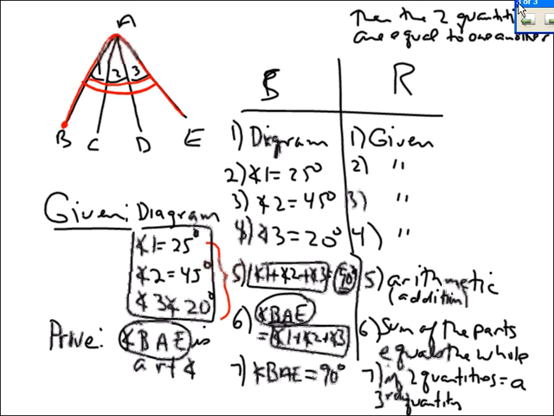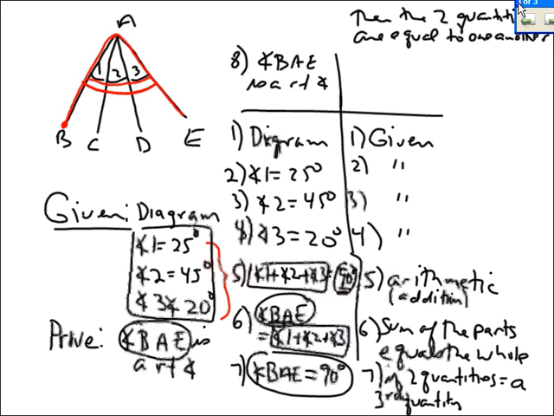Right. Now, the next statement, because we still haven't said that BAE is a right angle, and that's what I want to say. The next statement, call it number 8, is angle BAE is a right angle. What was the last thing we said about angle BAE? We said it's 90 degrees.